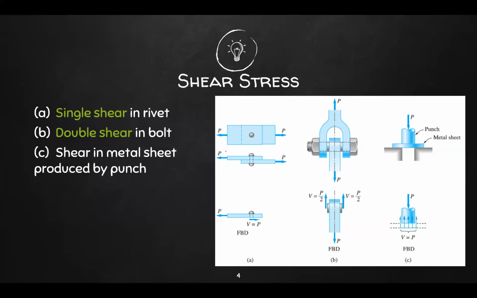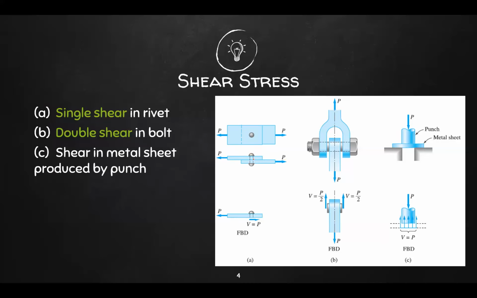Okay, so this is your single shear in rivet. We have two laps or two plates, and then one force on the left and another force on the right, as you can see by its cross section.